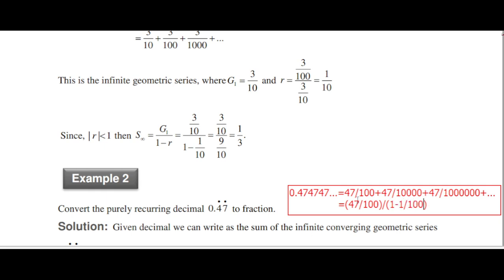This is equal to 47 over 100 over 99 over 100, since 1 minus 1 over 100 is 99 over 100.